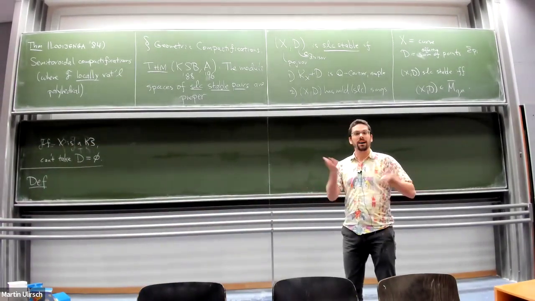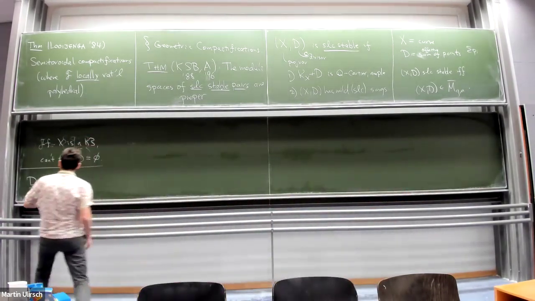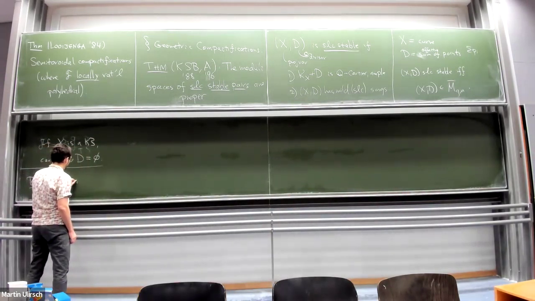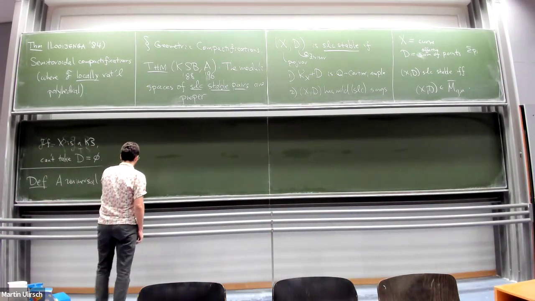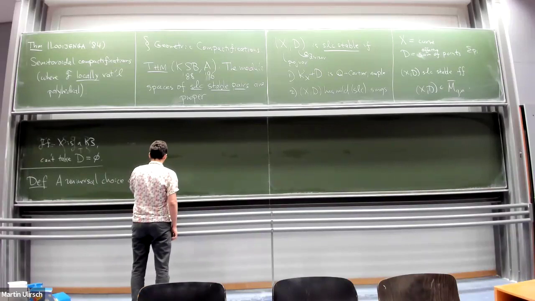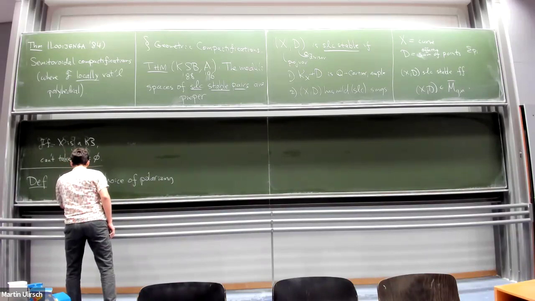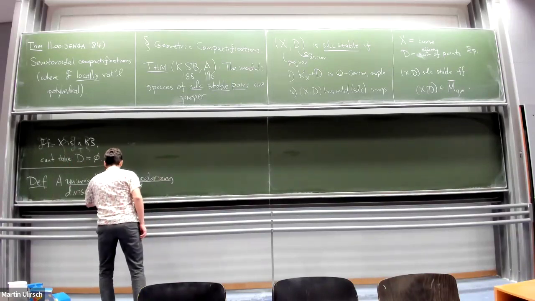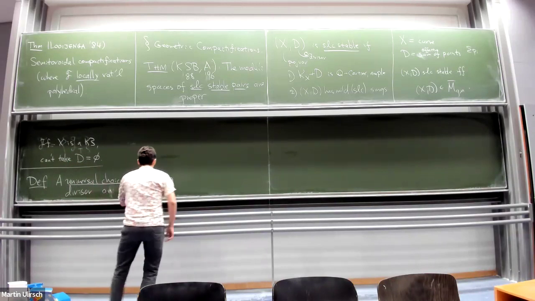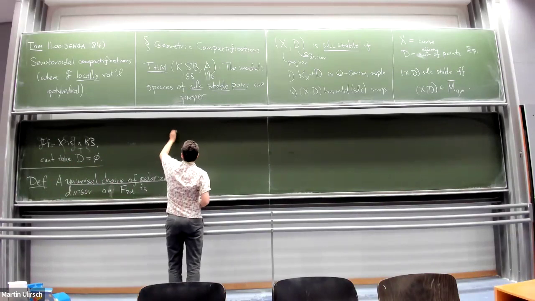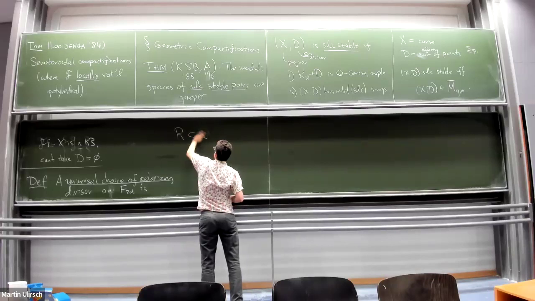All right, so if you want to apply this theory, you somehow need to choose an ample divisor on at least the generic K3 surface. So this is what I'll call a universal choice of polarizing divisor on the moduli space F_{2d}. It is nothing more than a divisor, let me call it R, on the universal K3 surface.